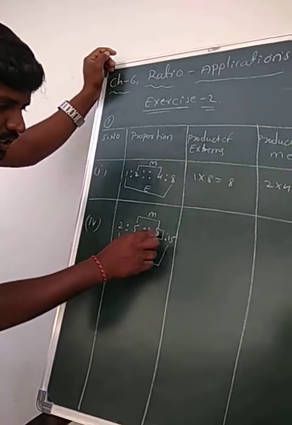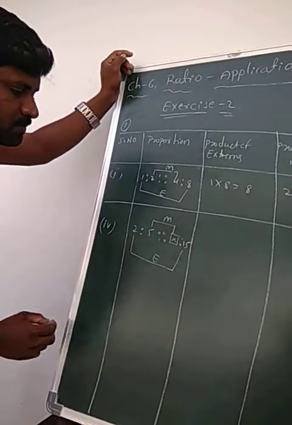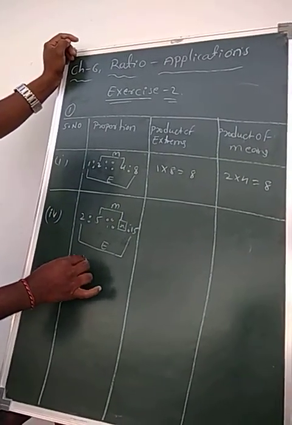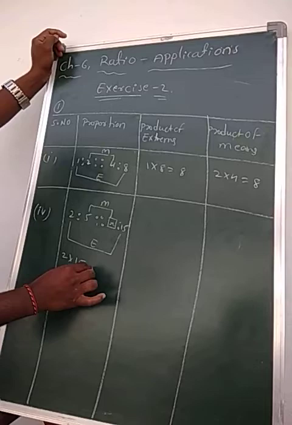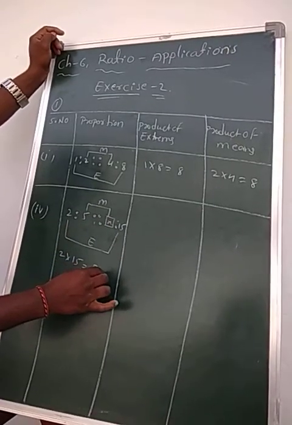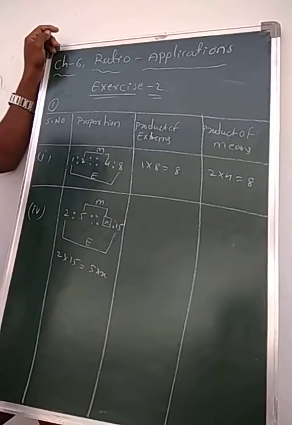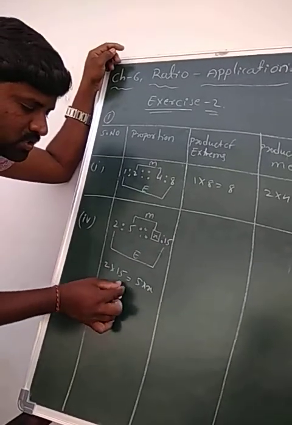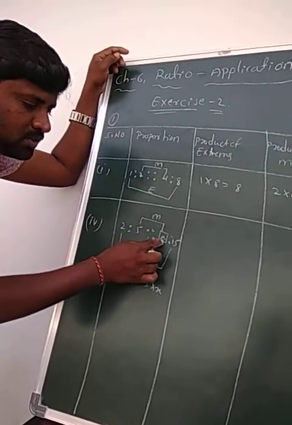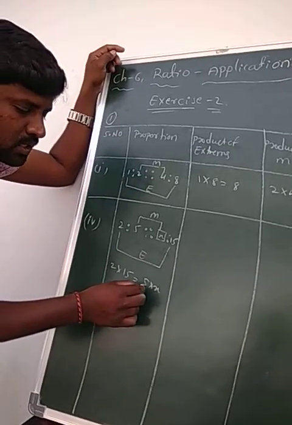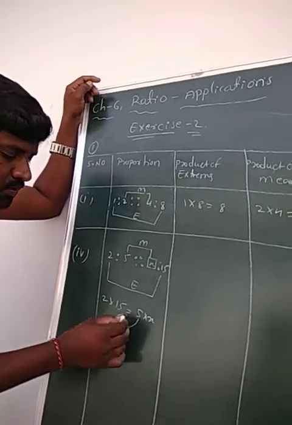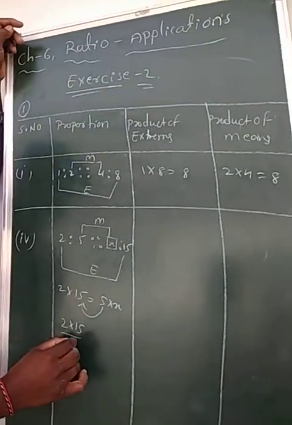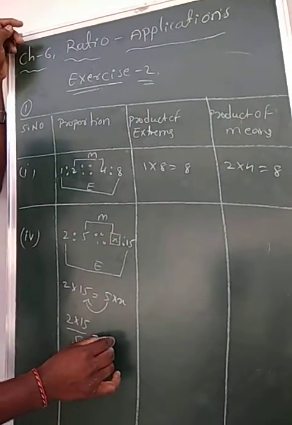I am taking x in the place of the box. Then 2 into 15 is equals to 5 into x. 2 into 15 is the product of extremes, and 5 into x is the product of means. Transposing 5 to the LHS, 2 into 15 by 5 is equals to x.